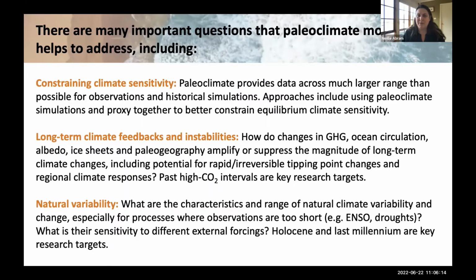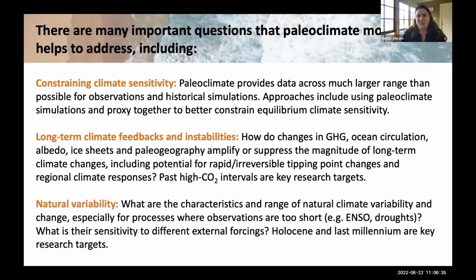Through paleoclimate, we're able to look across a much larger range of past temperature changes, and that gives us a much larger change to be able to try and tie down and improve our understanding of climate sensitivity, both through proxies and through paleoclimate simulations.